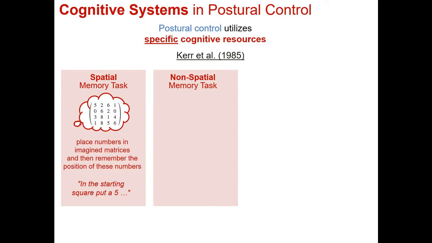In this task, participants have to remember not just the numbers, but how the numbers are arranged spatially. In the non-spatial memory task, participants alternatively had to memorize a series of sentences and then repeat them back word for word. Importantly, there's no spatial dimension to what you have to do in this memory task.